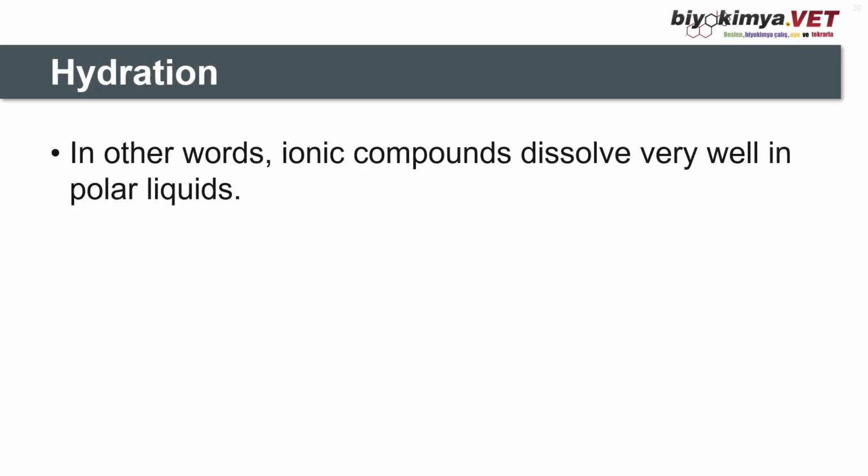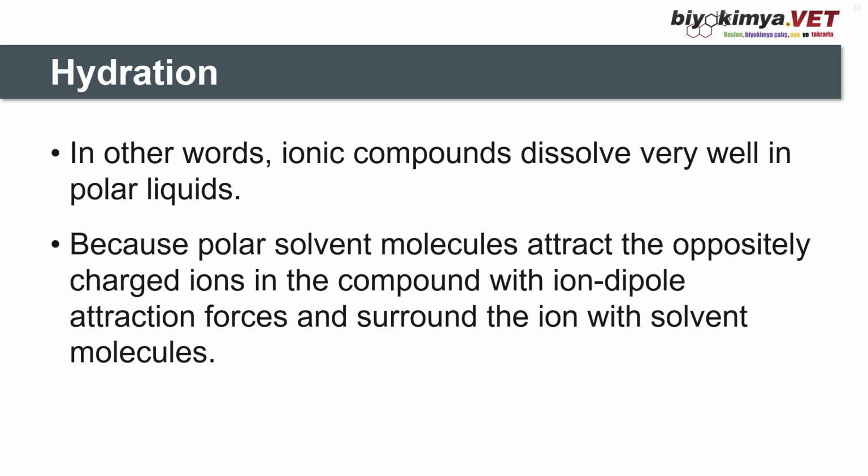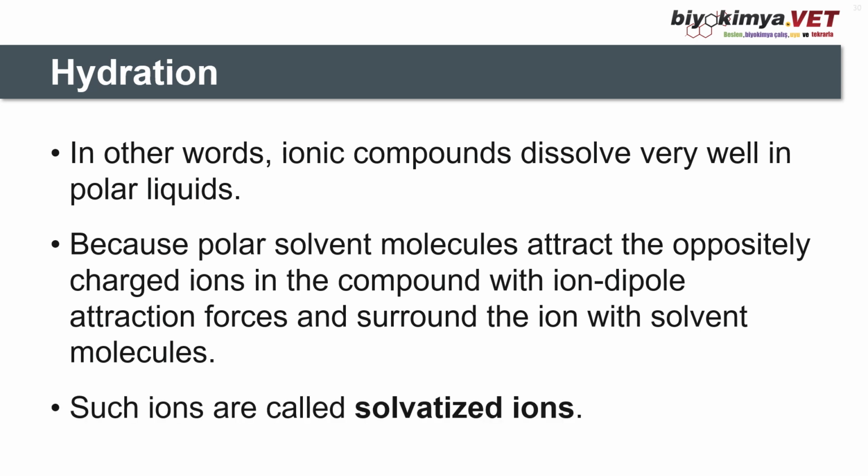In other words, ionic compounds dissolve very well in polar liquids because polar solvent molecules attract the opposite charge ions in the compound with an ion-dipole attraction process and surround the ion with solvent molecules. And such ions are called solvated ions.